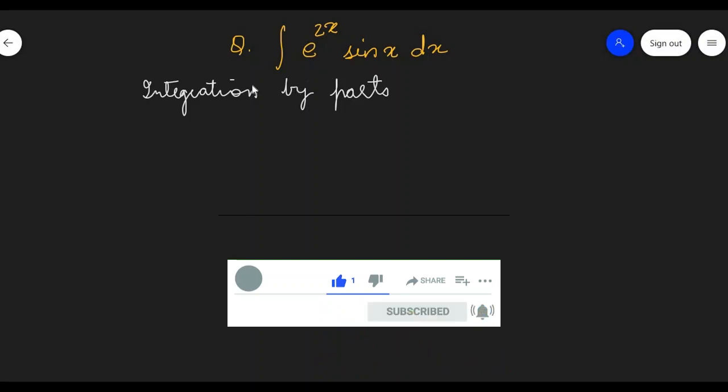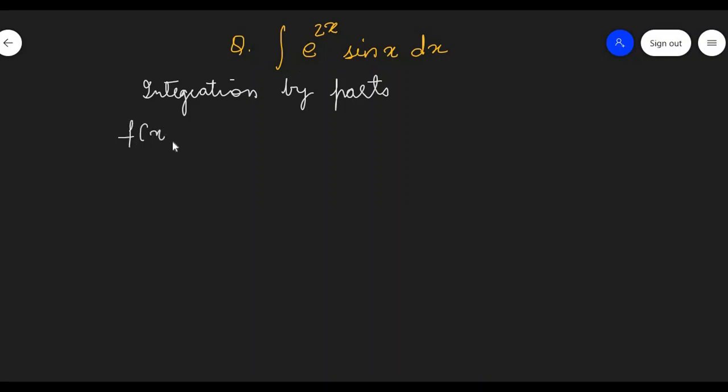Here, let's select e raised to 2x as second function and sin x as our first function. So I'm writing f of x as sin x and g of x as e raised to 2x.